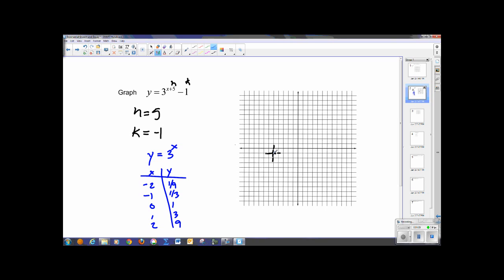And graphing from this point here, I go 0 over 1 up, 1 over 3 up, 2 over, total of 9 up, 1 over 1/3 down, and 2 over and 1/9 down. Connect the dots, and that one's done.